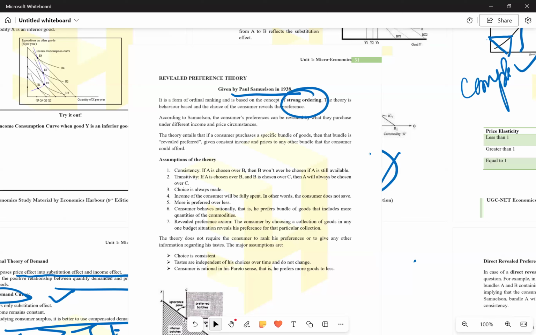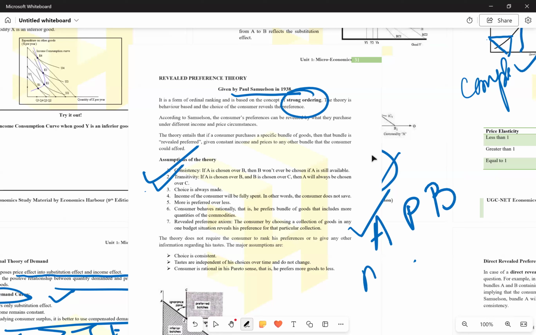So, what are the assumptions of this theory? First is consistency: if a consumer chooses A over B, then however many times he's asked whether he wants A or B, he will always choose A, right? Then transitivity.